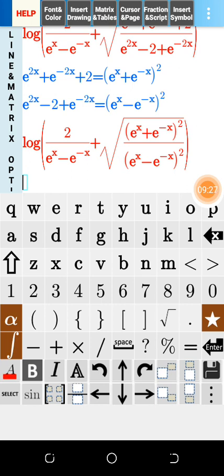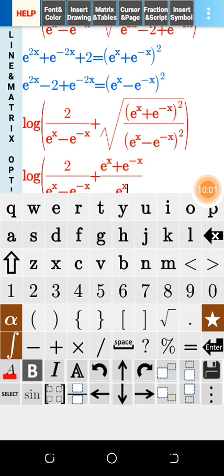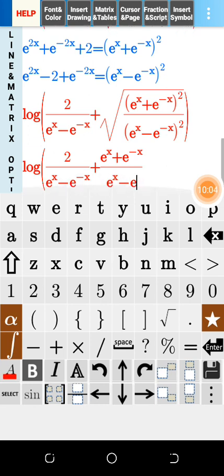The square will cancel the root, so it now becomes a normal fraction. Log of 2 over e raised to the power of x minus e raised to the power of minus x, plus e raised to the power of x plus e raised to the power of minus x over e raised to the power of x minus e raised to the power of minus x.